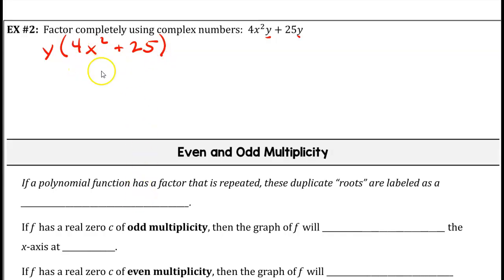And once again, you might look at that and try to factor. You see 4 and 25, you might be thinking difference of squares, but this is a sum, so we can't really use that. So what we can do is just go off and solve this by itself. So we can say 4x squared plus 25, set that equal to 0.